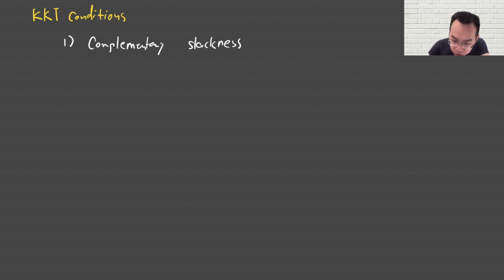It can be written in this way, right? We can write it as lambda times g of x star equals to zero. Let me combine this with the second condition to explain them together. The second condition is going to be the stationarity condition.